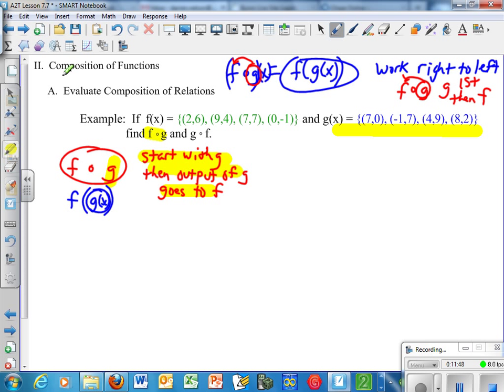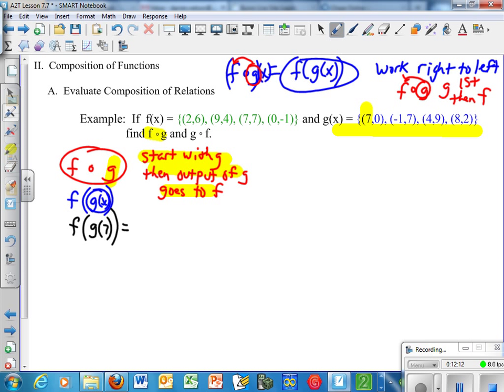What is the first domain value or x value in it? If you look at the first, and this is a relation, a set of ordered pairs, it's 7. So I want to do f of g of my first x value in g, which is 7.